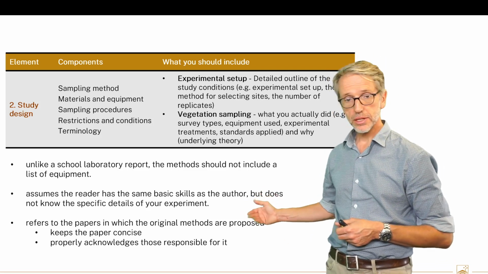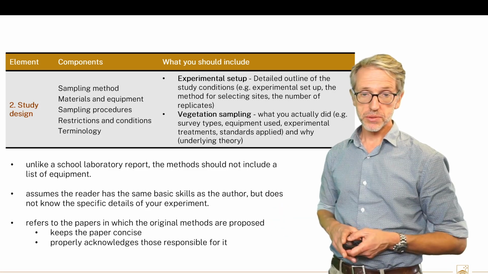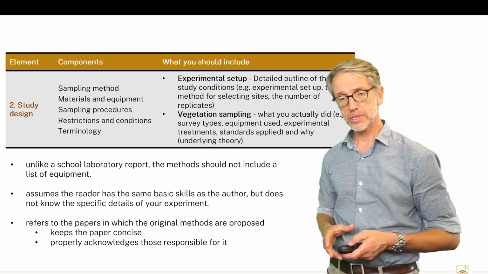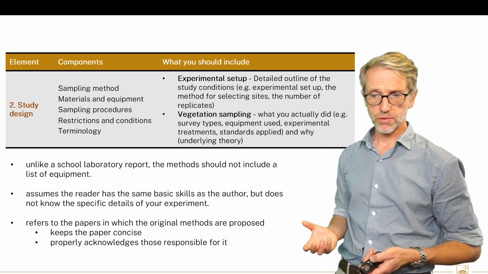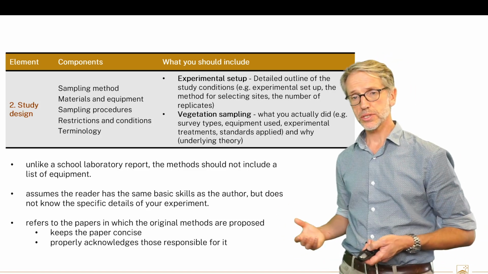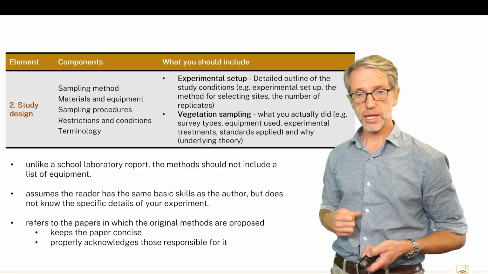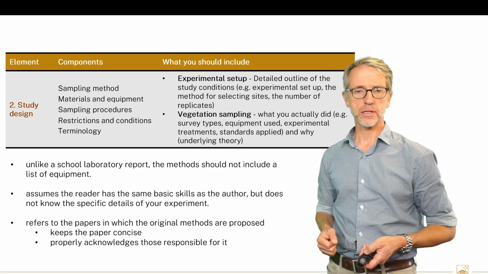In particular, you can see that we refer to papers in which perhaps the methods we're using were originally used. It helps by keeping the paper concise so that we're not just repeating a description of methods that's been described before. And it also acknowledges where we've drawn our methods from as well. Again, this is not academic misconduct because we are properly recognising the source.